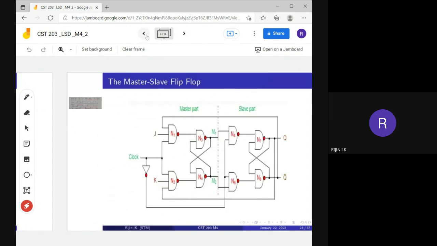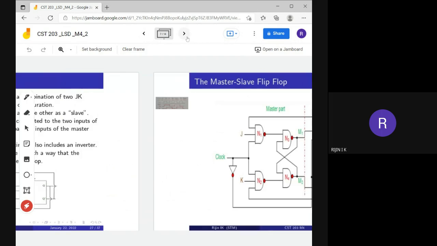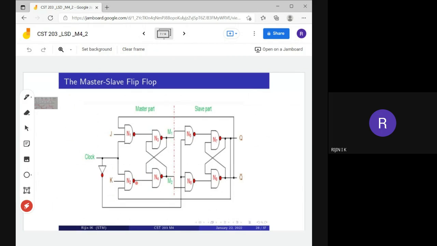This is the circuit diagram, the logic circuit for the master slave flip-flop. The first JK flip-flop we will treat as the master, and the second one will be treated as the slave.